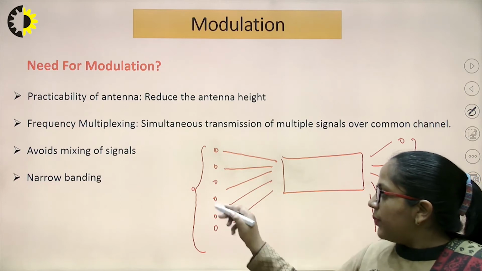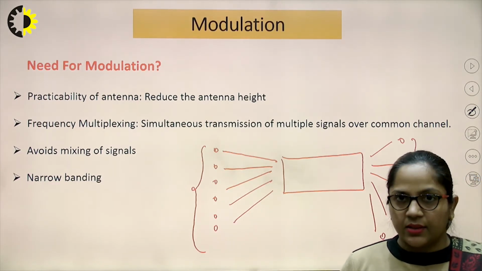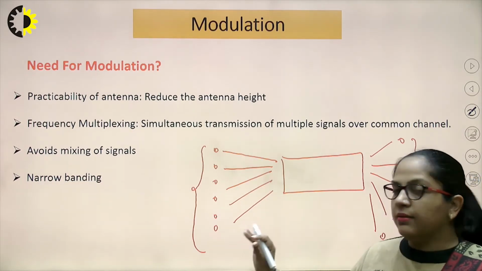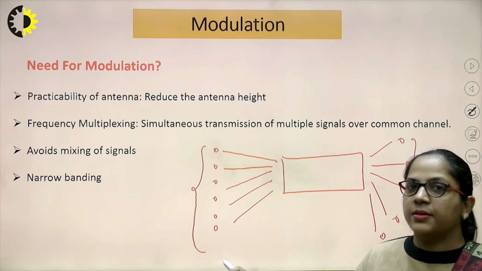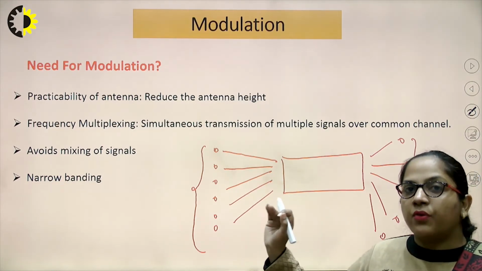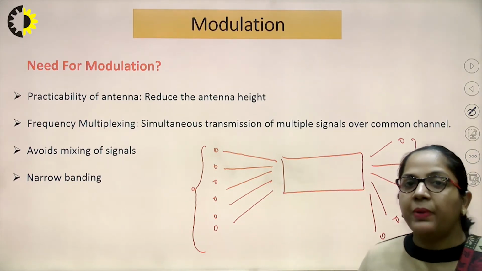The example that I have taken here is a type of frequency division multiplexing. That means we are sending multiple signals at different frequencies, after performing modulation, over a common channel. What is multiplexing?